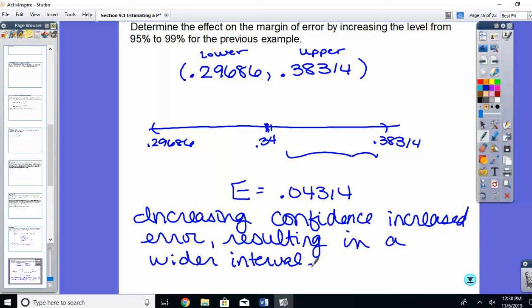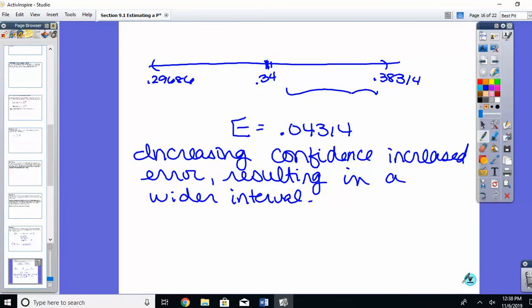Which should make sense. If we want to be more confident, we have to allow more answers to fall in that range. So we have to make our interval get bigger, which makes our error grow. Questions there?